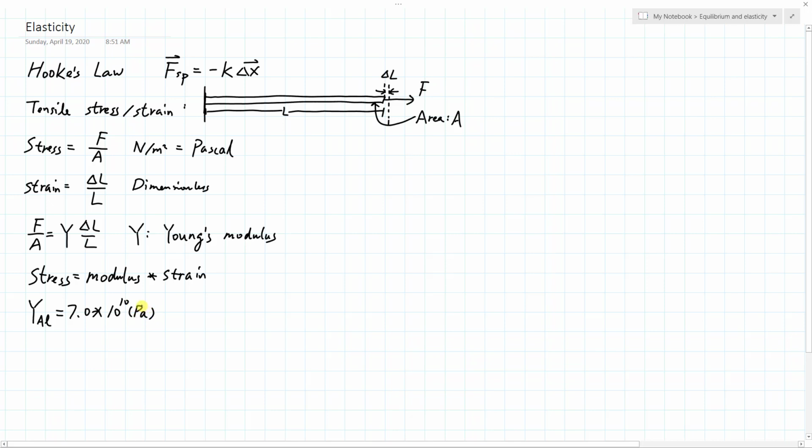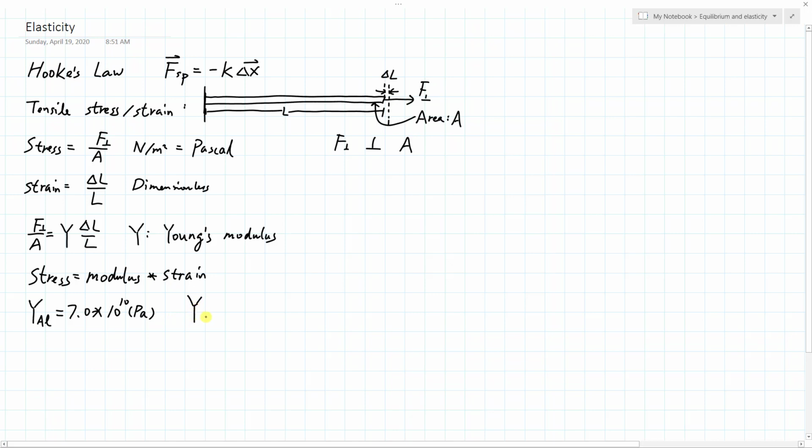And it probably helps to emphasize that the force here is a perpendicular force, perpendicular to the cross-sectional area. You're actually just purely stretching it. So that's okay.